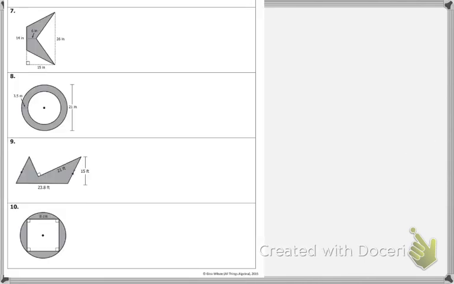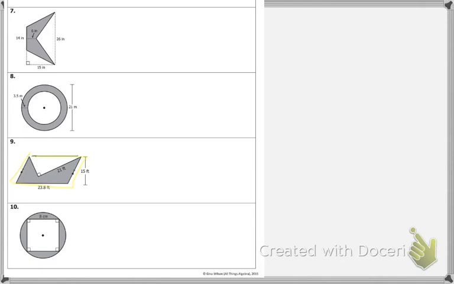We move on to the second page of that assignment in homework 3, and question number 9 was the one that was brought up to me. I think I went over this one, but just in case, I'll go over it again. Alright, so how do I figure out that shaded region? Well, you have to think outside the box. If I were to connect this line right here, overall this becomes a parallelogram.